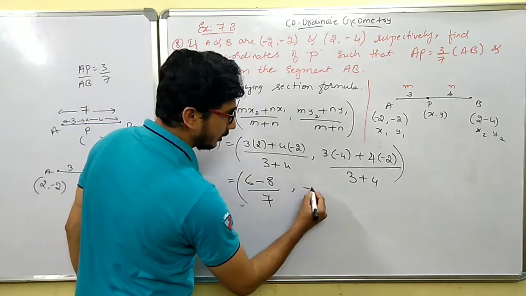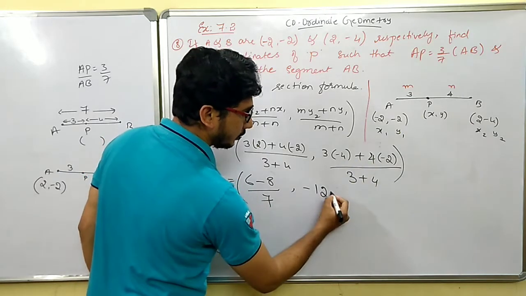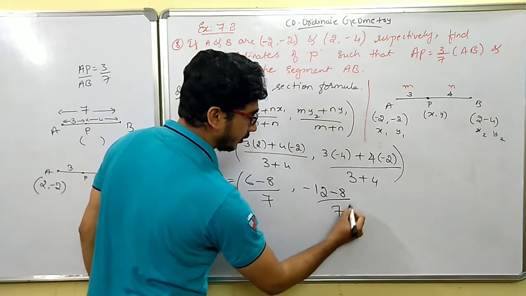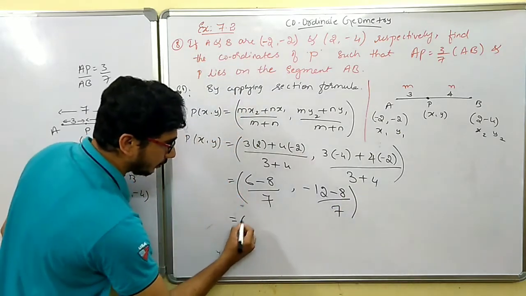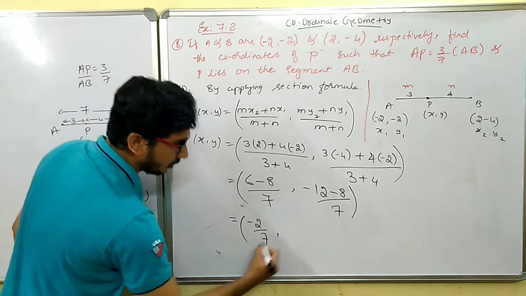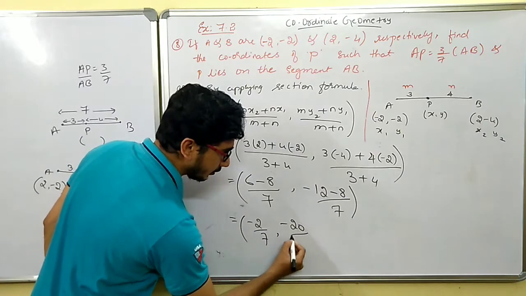Plus into minus is minus: 3 fours are 12, and minus 4 twos are 8, over 7. So 6 minus 8 is minus 2 by 7, comma, minus 12 minus 8 is minus 20 by 7.